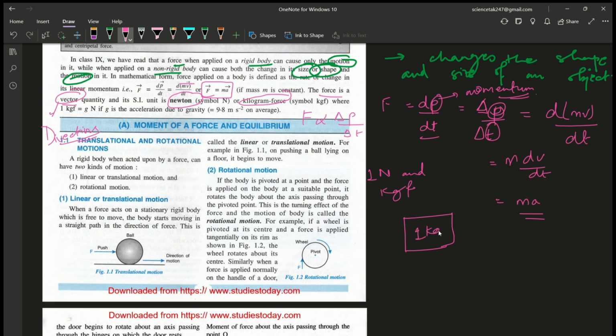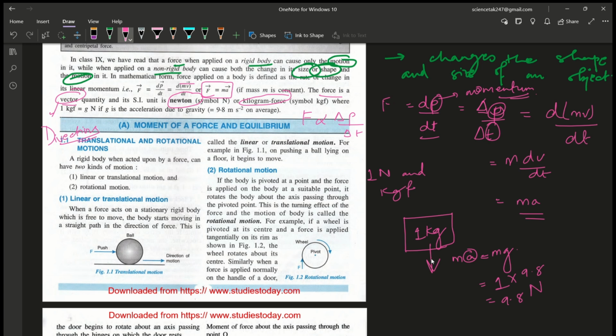The force experienced by this object because of gravity is going to be ma, and acceleration is acceleration due to gravity, so we write it as mg. Mass is 1 kg and g is 9.8, so 9.8 Newton.